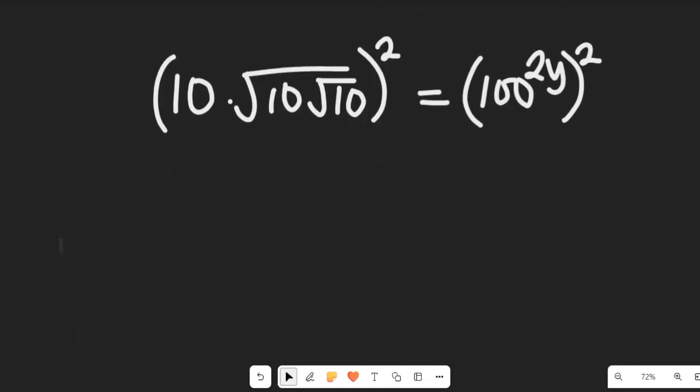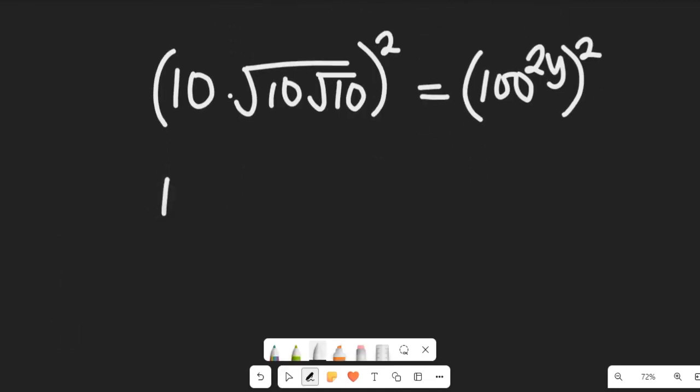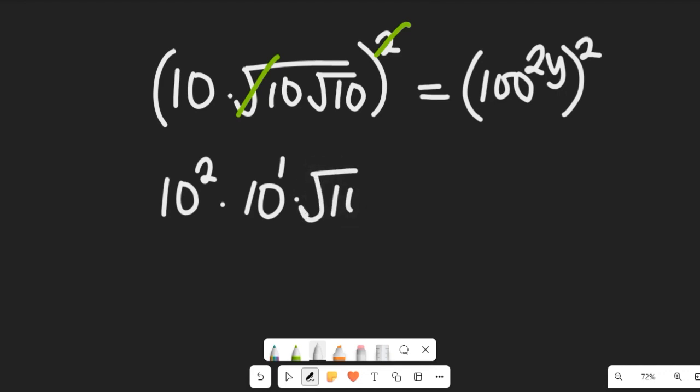This will become 10 to the power of 2 multiplied by, while this clears one of these, we'll be left with 10 to the power of 1 multiplied by root 10, and this will be equal to 100 to the power of 4y.